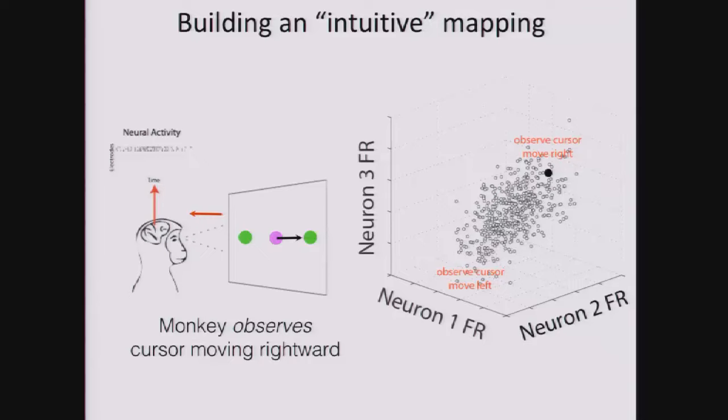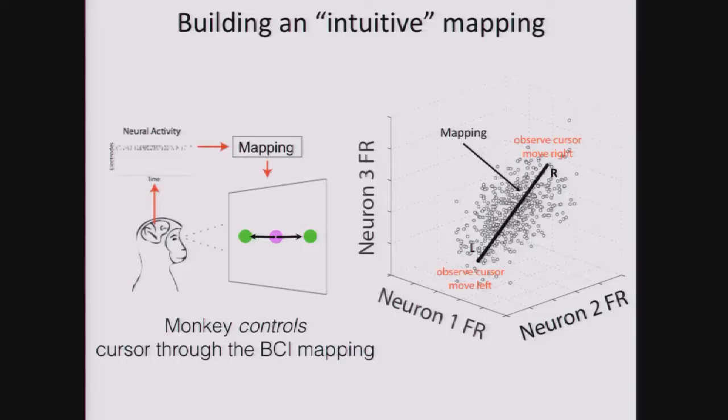So we can use that to fit the line or plane of best fit and we get the mapping from neural activity to behavior. So points that are near this end of the line project onto the line and cause the cursor to move fast to the right. Okay? Points that are down here are going to cause the cursor to move fast to the left.